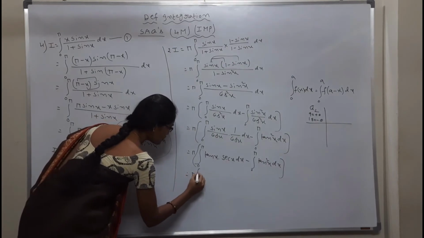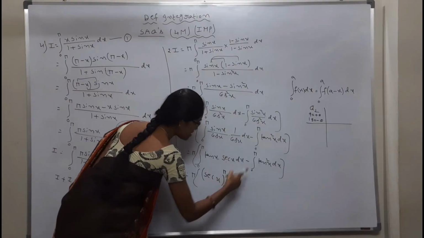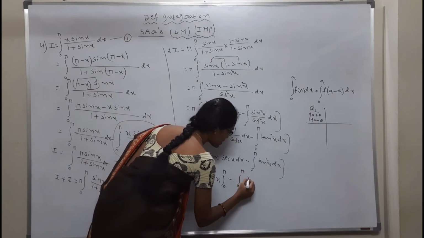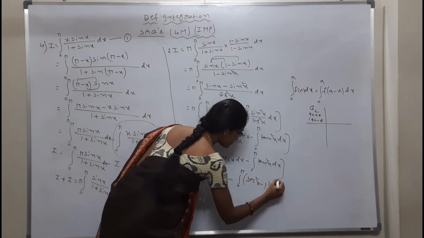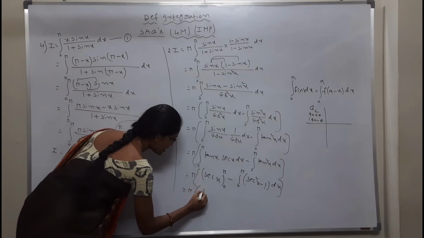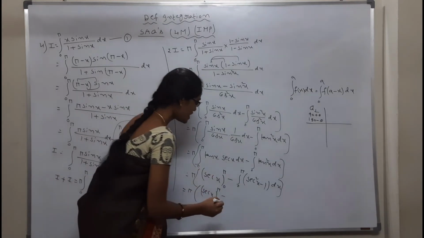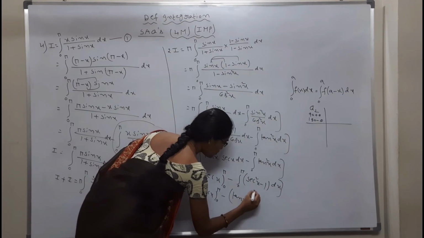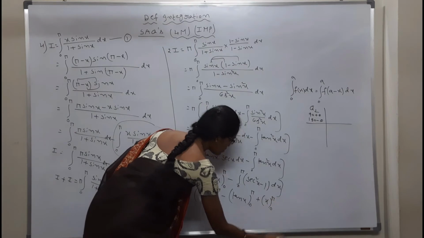That is equal to integral 0 to pi tan x secant x formula, minus here directly this can be written as integral 0 to pi tan square x means secant square x minus 1. That is equal to pi into secant x from 0 to pi, minus secant square x tan x from 0 to pi, minus into minus plus integral 1 dx and x from 0 to pi.